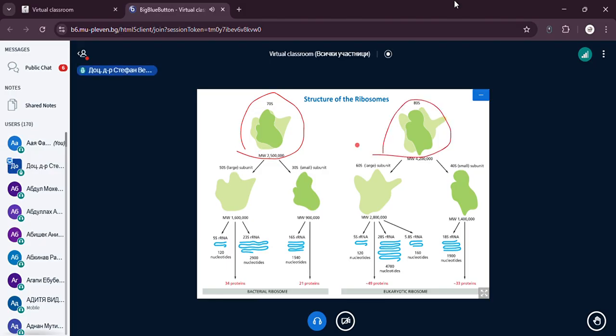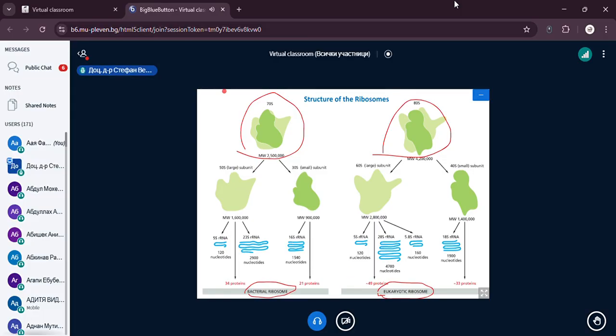You will ask me why there are two different types of ribosomes, because this is the bacterial ribosome, the ribosomes of prokaryotic cells, and here we have the eukaryotic ribosome. I hope you remember that both eukaryotic and prokaryotic cells have ribosomes. And these ribosomes are very close but not identical in their structure.